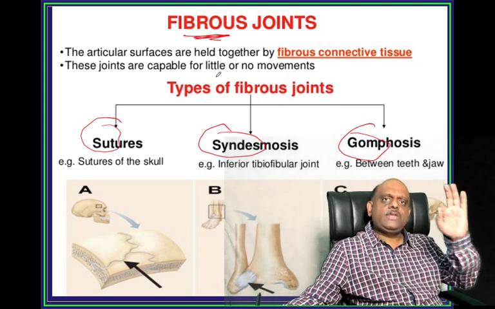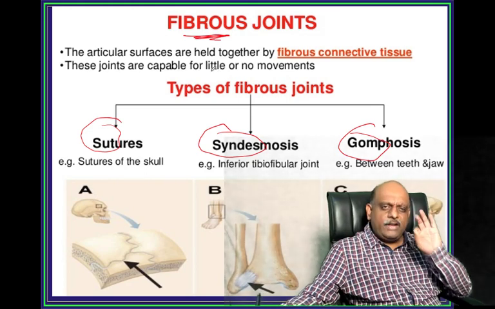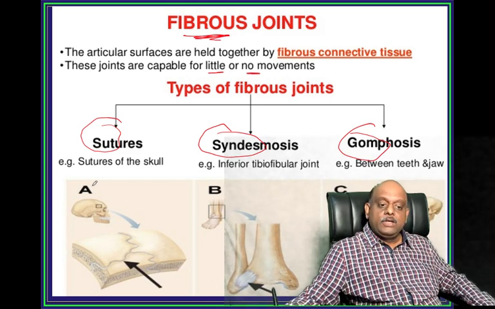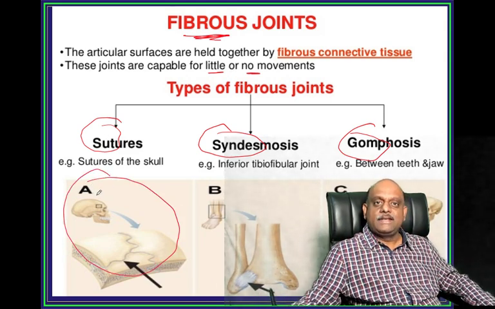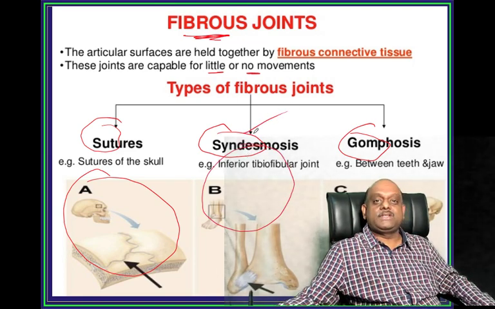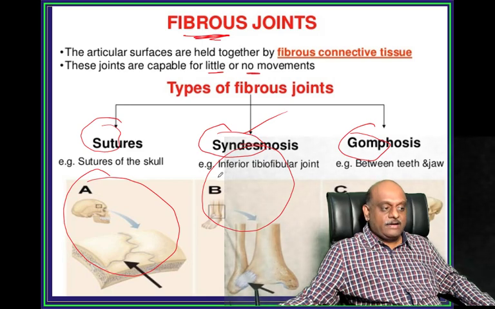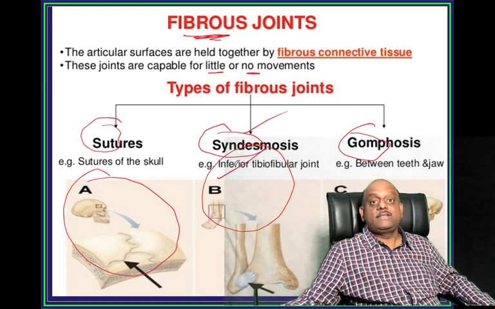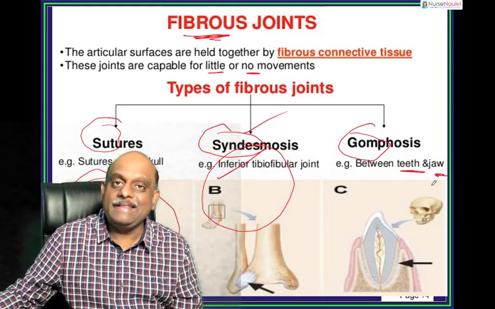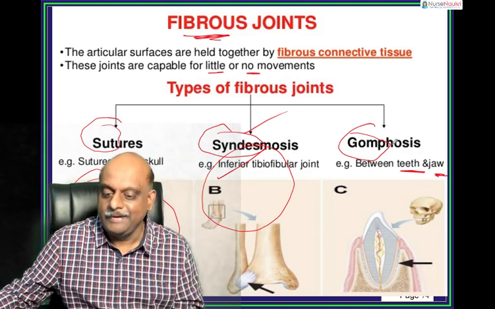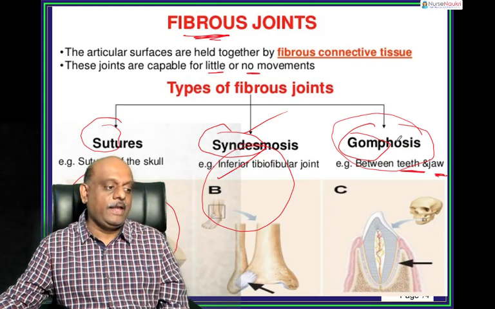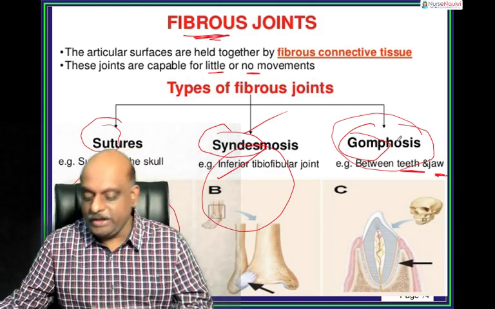Fundamentally, fibrous joints have very little movement or sometimes no movement. That's the important thing. The skull sutures are fibrous joints, the inferior tibiofibular joint is a syndesmosis, and between the teeth and the jaw it is a gomphosis. Gomphosis is also a fibrous joint is what you should remember.